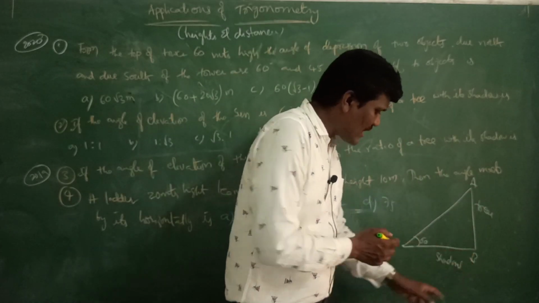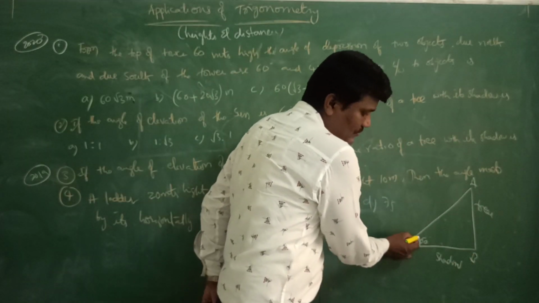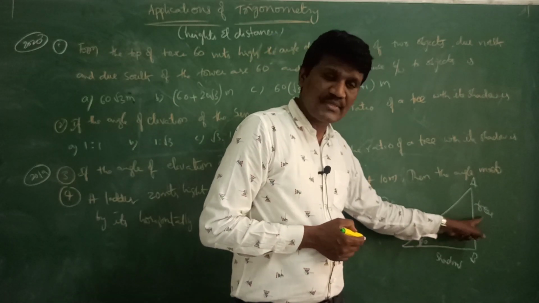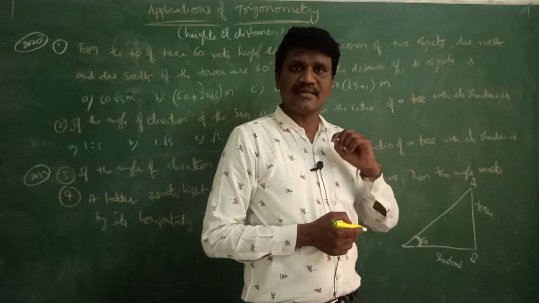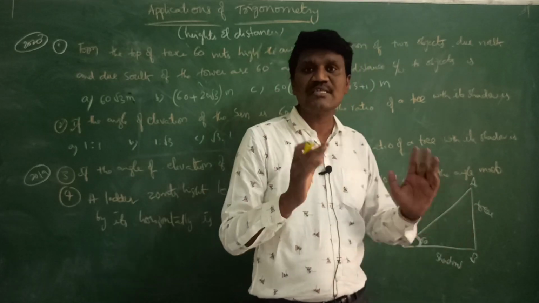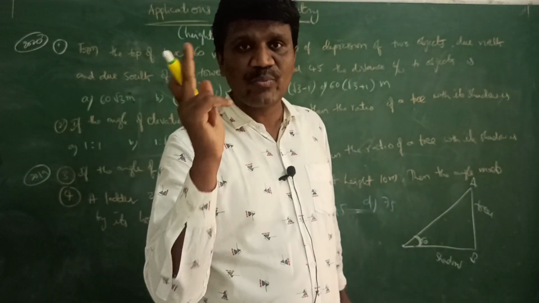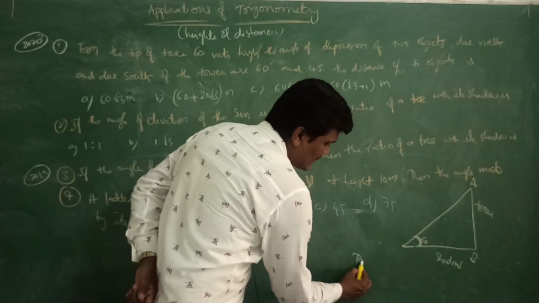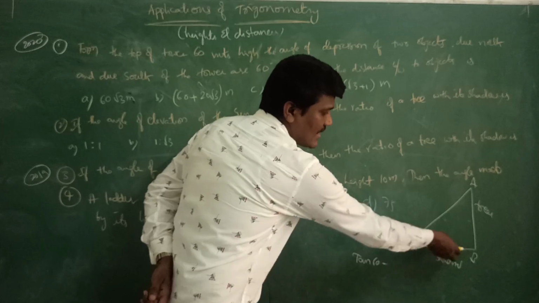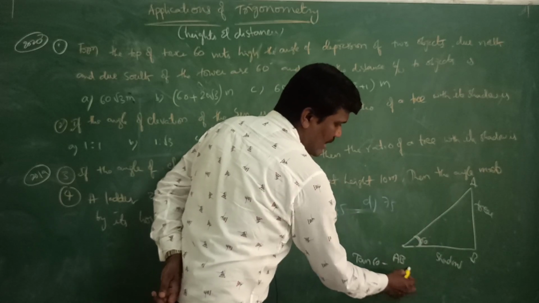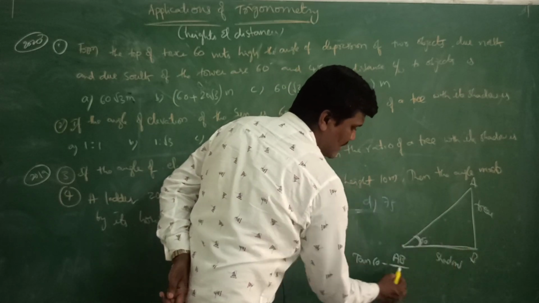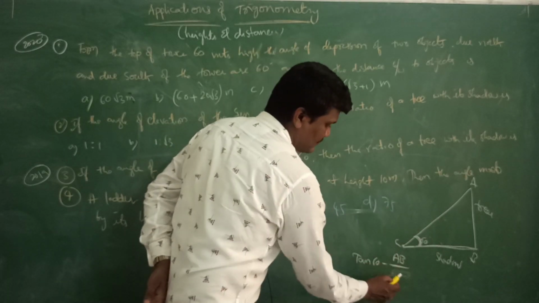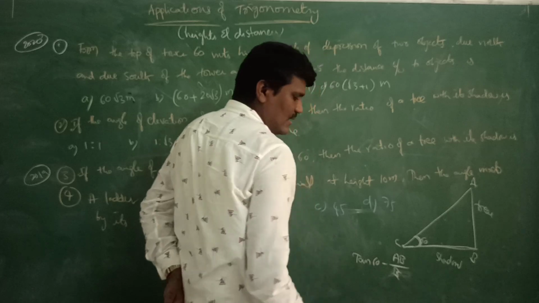From this angle, this is the opposite side and this is the adjacent side. Which ratio is to be taken? The ratio to be taken is tan. So tan 60, opposite side is AB and the adjacent side is BC.